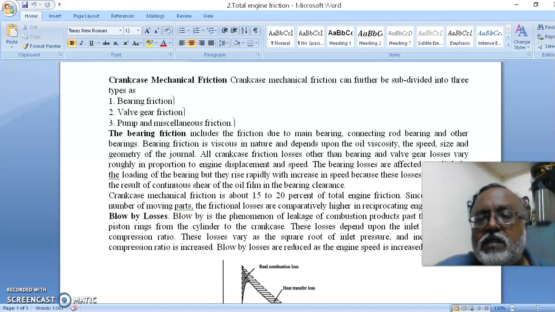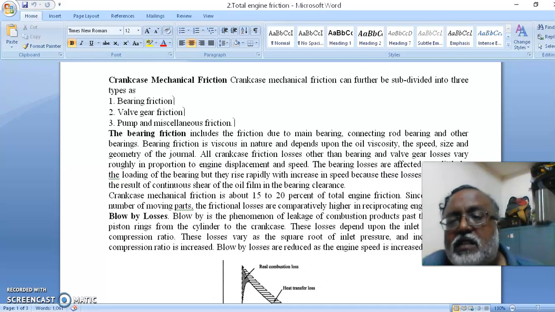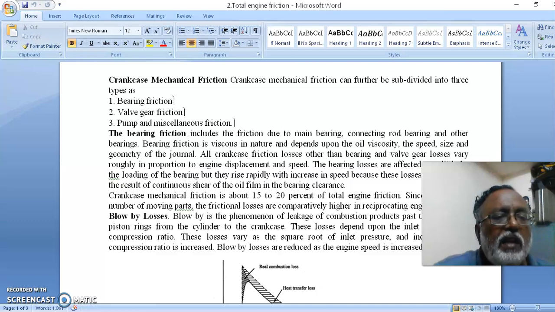The bearing losses are affected very little by the loading of the bearing, but they rise rapidly with the increase in speed because these losses are primarily the result of continuous shear of the oil film in the bearing clearances.